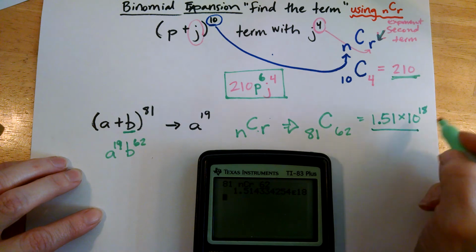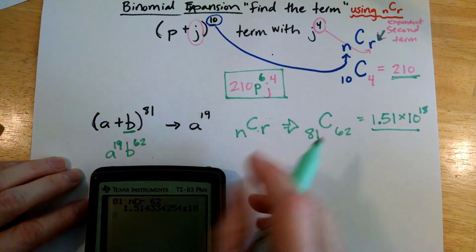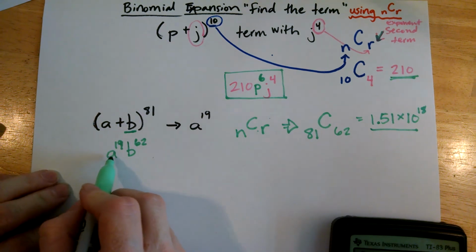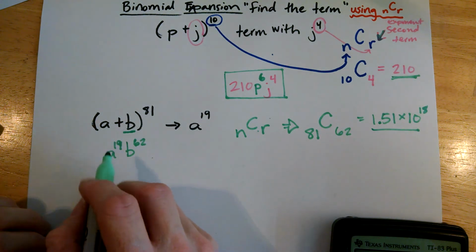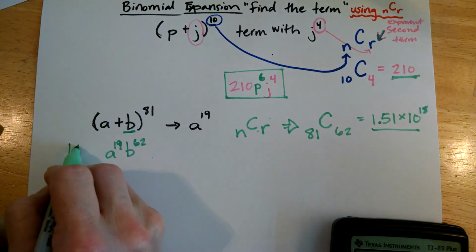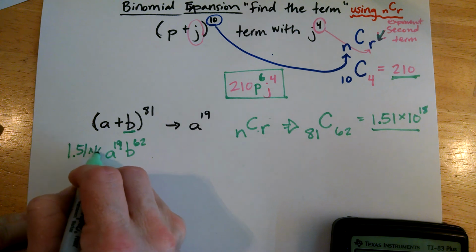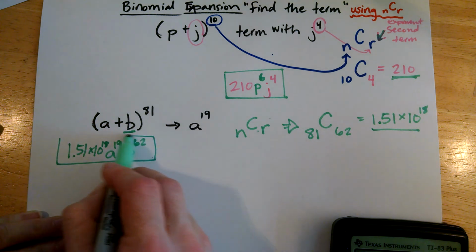So that's the coefficient here. We know a to the 19th is for the a in this term, and b to the 62 we just have to put over here. 1.51 times 10 to the 18th power. Yeah, that's huge, but that's what it is.